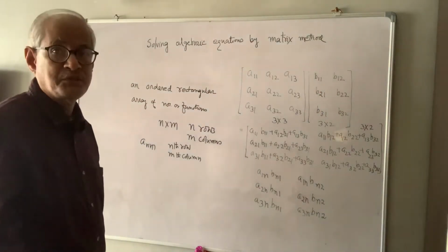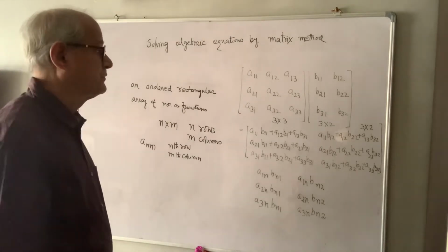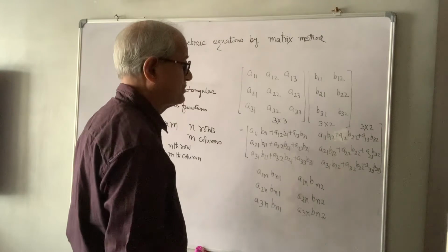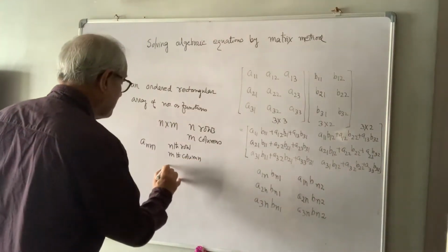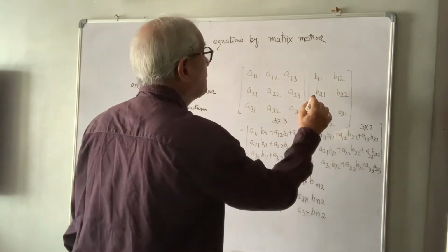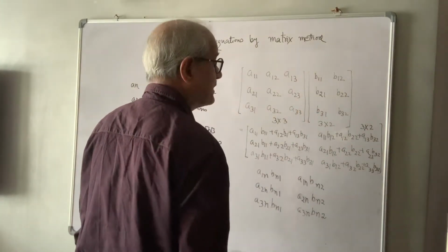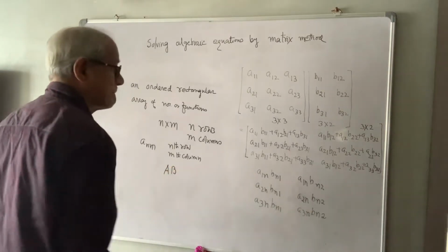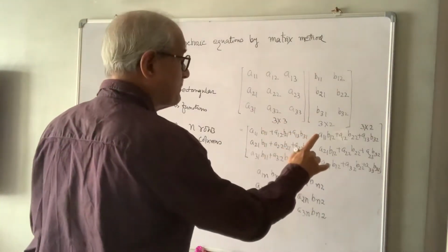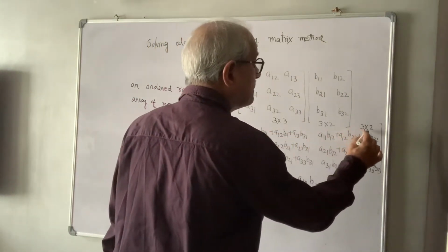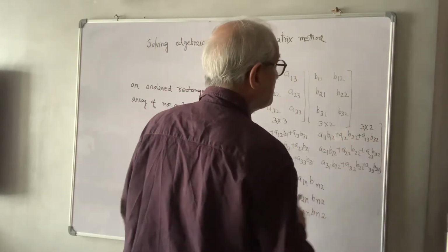Matrix multiplication is possible only when the number of columns in the first matrix, let us call it A, is equal to the number of rows in the second matrix, let us call it B. Then only matrix multiplication is possible, and the order of the multiplied matrix will be 3 by 2.